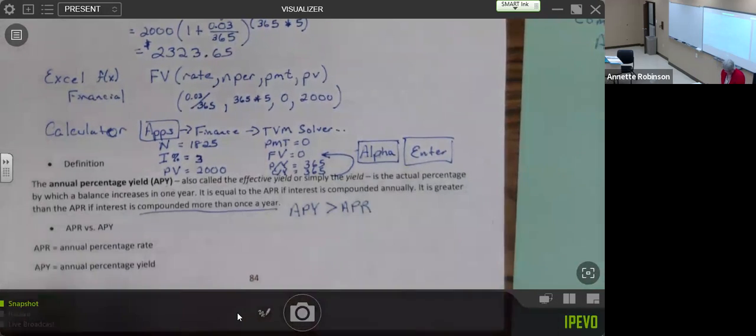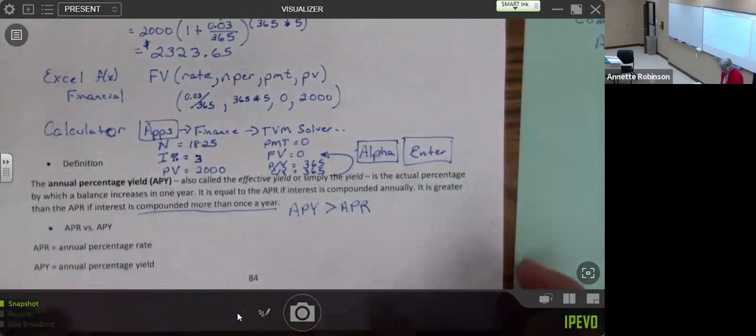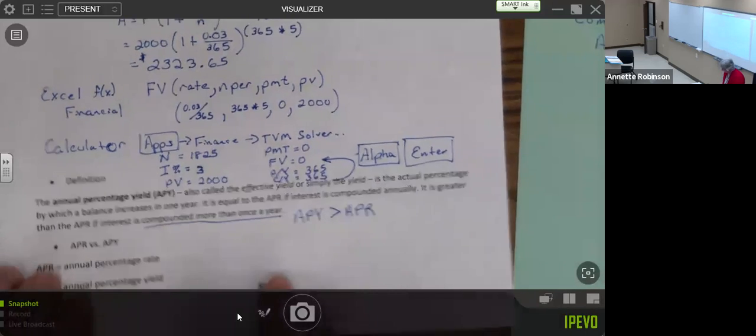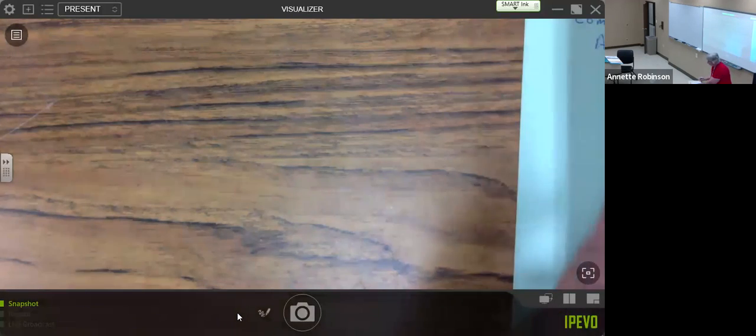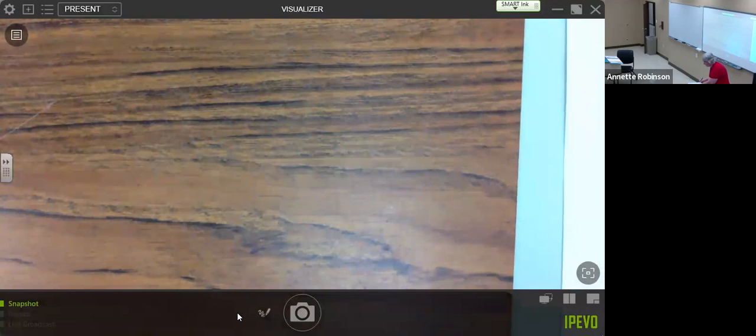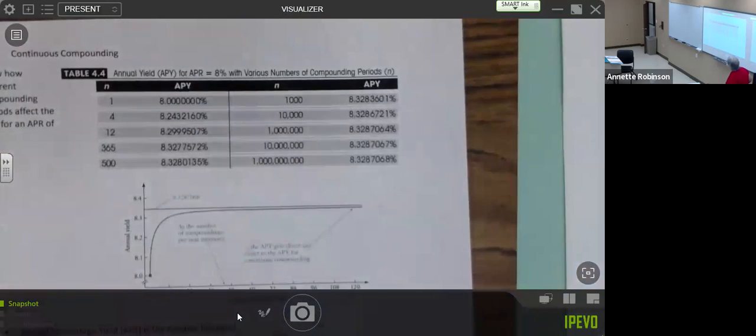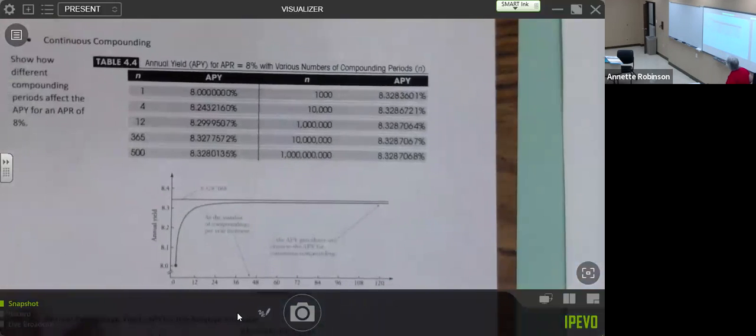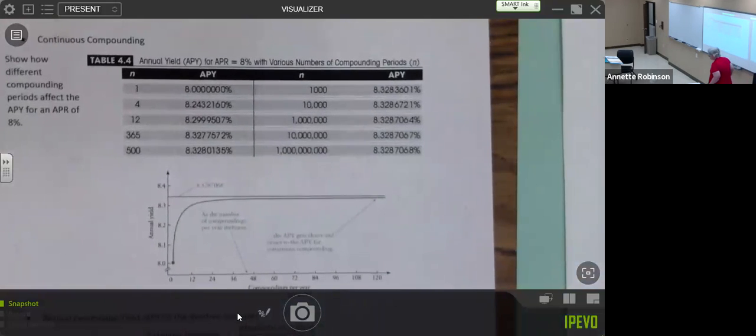All right. Page 85. This is just showing you how different compounding periods affect your APY on an APR of 8%. So the more times they compound your interest, the better your APY, how much interest rate you're getting is improved. Notice that it's graphing.